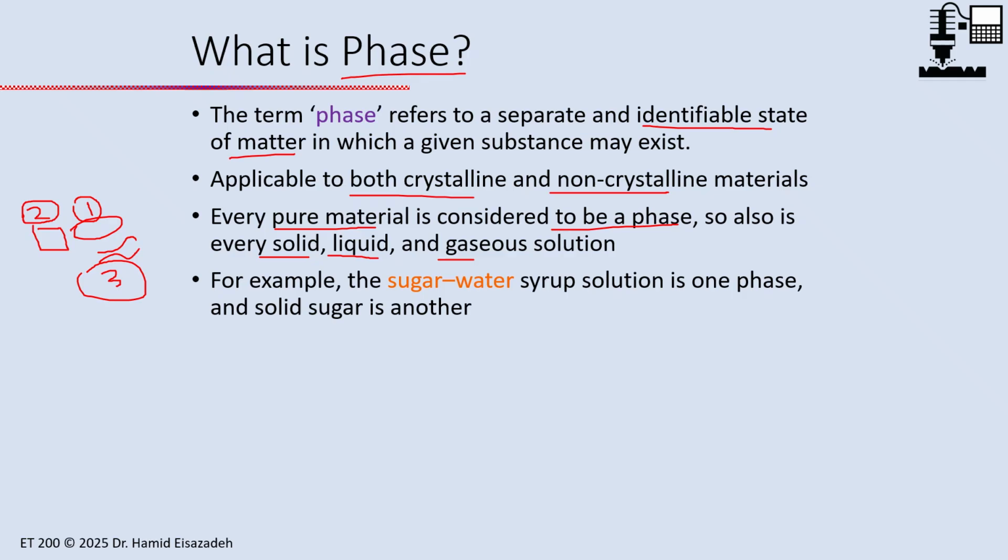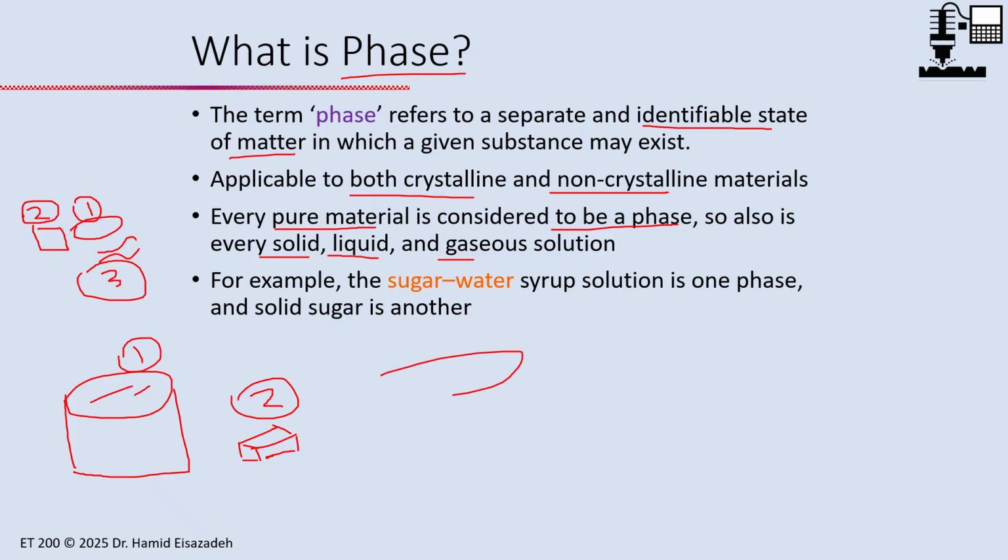Here is another example: sugar and water. We have a cup of water, right? The water is one phase, and then we have sugar cube. It's in solid form and different composition. It gives you the second phase, and then we have this another cup of water that we want to add sugar into.